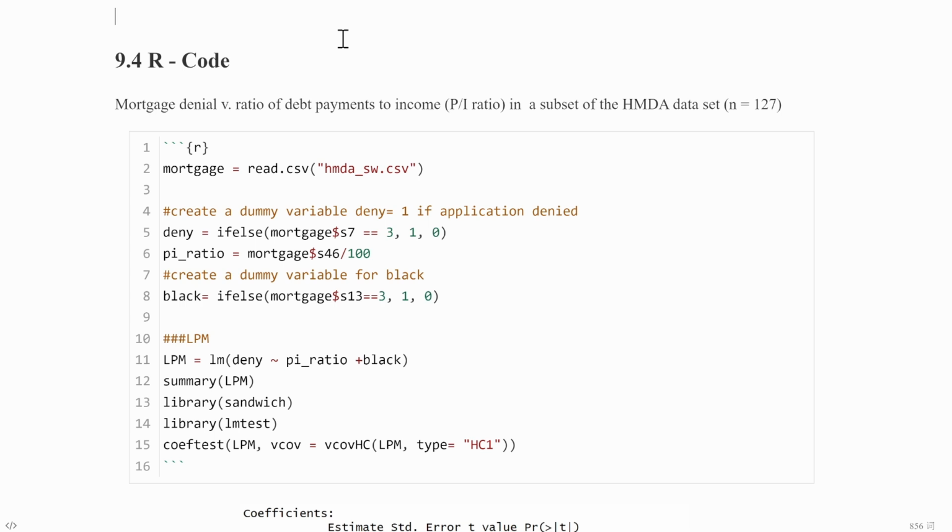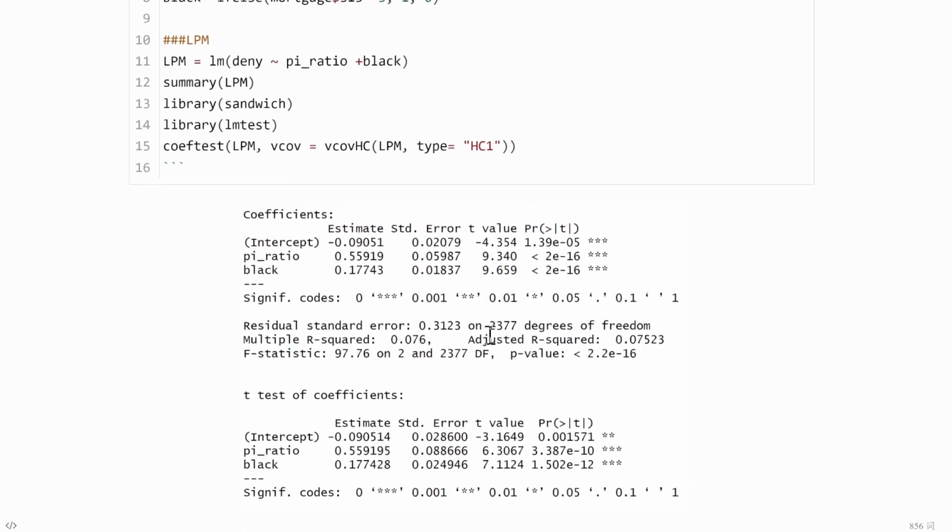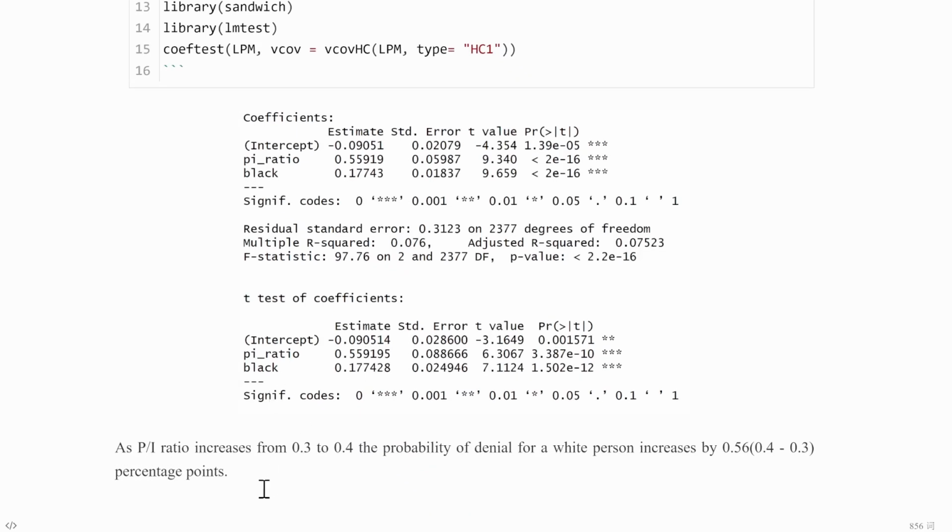First, let's use the linear probability model, LPM, and you just use the linear model to regress deny on payment income ratio plus black, and use library sandwich, lmtest and coeftest.